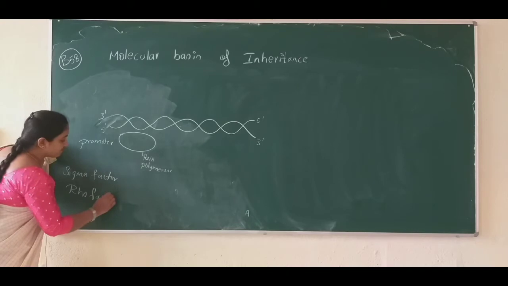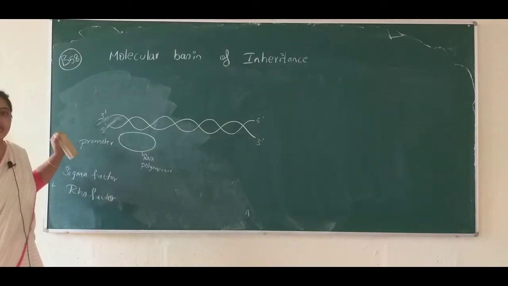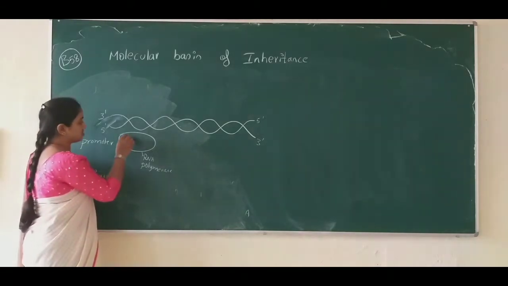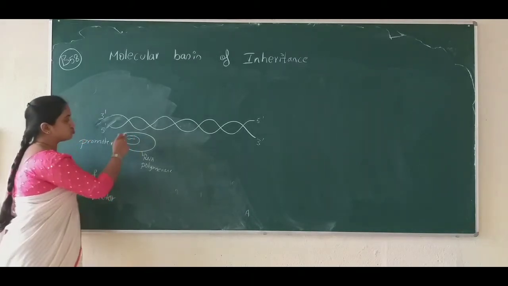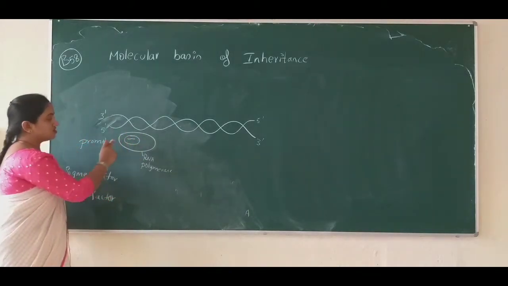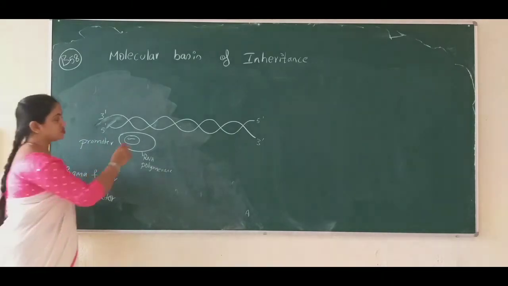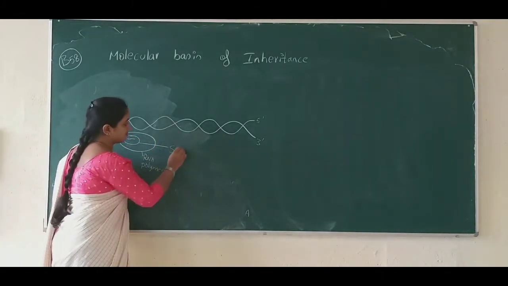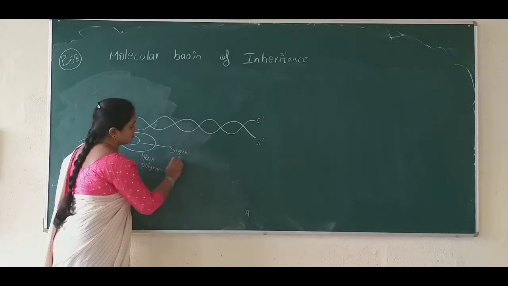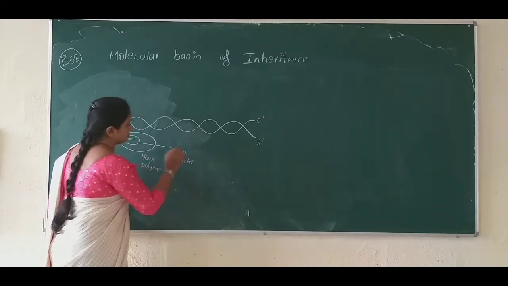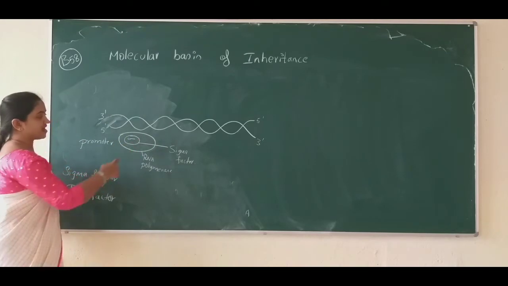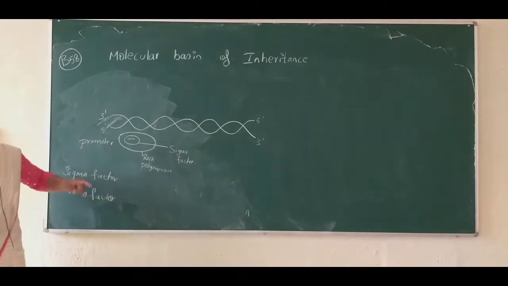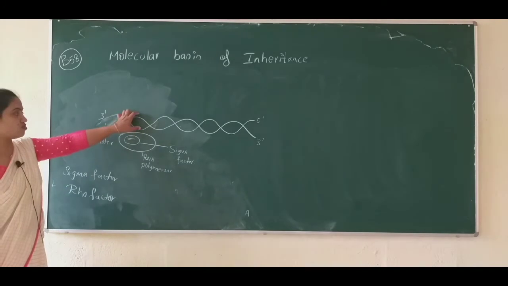The sigma factor helps in the initiation of the process, so I am going to draw the sigma factor inside this. This is the RNA polymerase and this is the sigma factor, which is coming nearer to the promoter region.